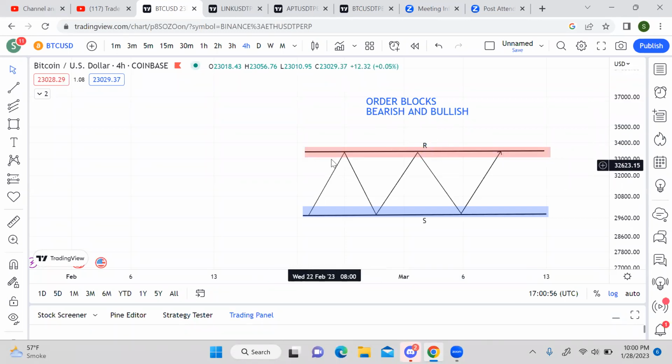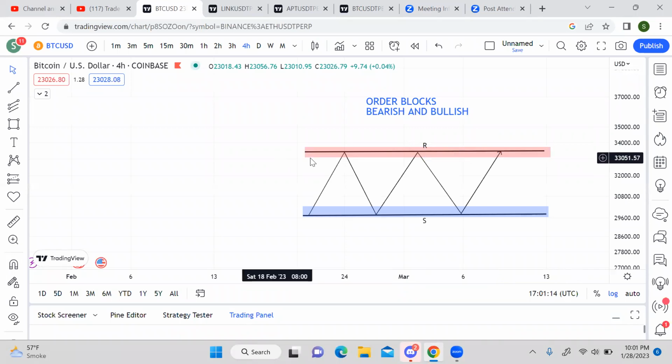Now price is moving simply in channel trading. On support we are taking long positions, and on resistance shorts are open, targeting this and again moving like this.